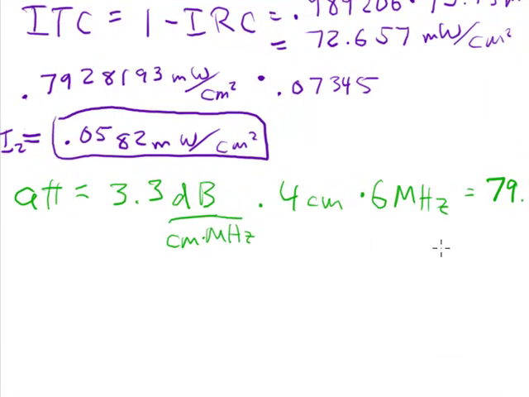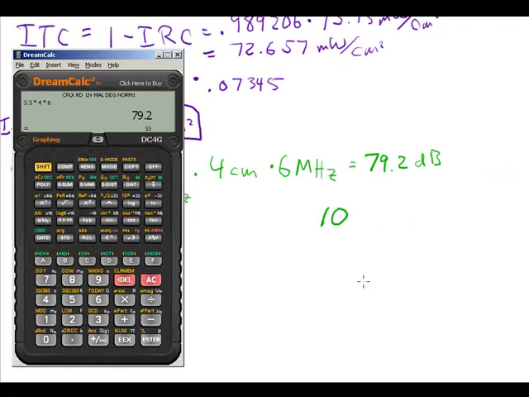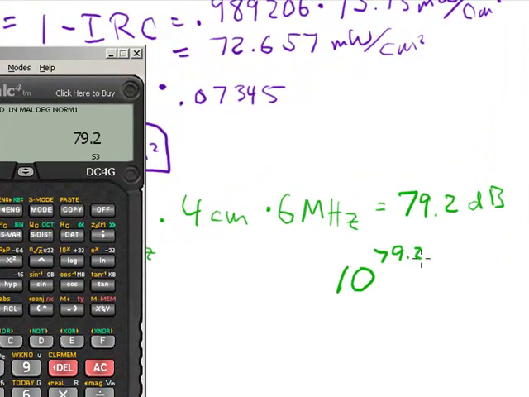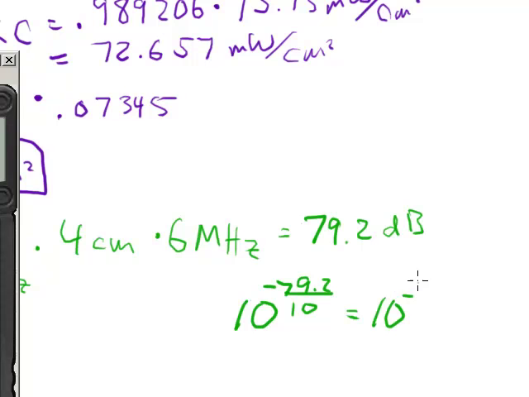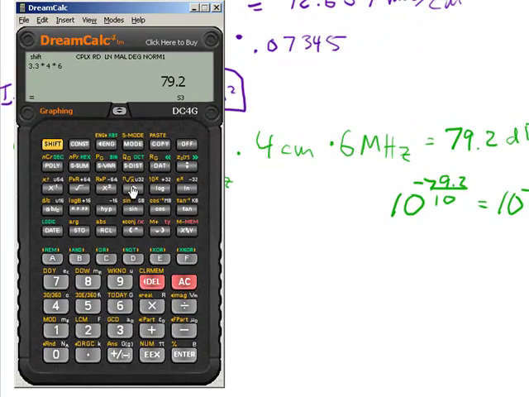Or I could look at this if I plug that in to figure out how much that is. I have to take 10 to the 79.2 divided by 10, and since it's attenuation, that has to be negative, and so that's equal to 10 to the minus 7.92. That's going to be a really small number. So if I do 10 to the, oops, sorry, I need to go negative.